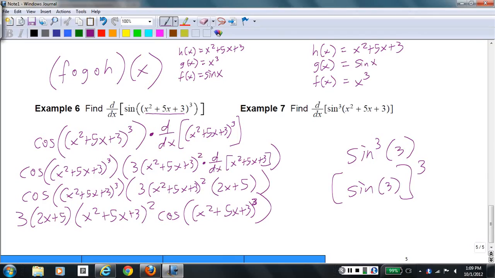It would help to see that if I would rewrite this as d/dx of the sine of x squared plus 5x plus 3, one more set of parentheses, cubed. I hesitate to put the cube without an extra set of parentheses because then we'll wonder, x squared plus 5x plus 3, are we cubing that and then taking the sine?